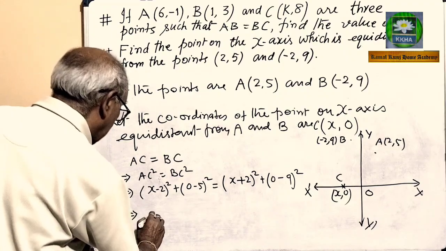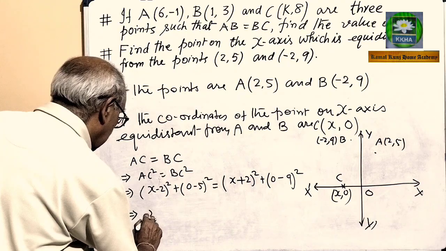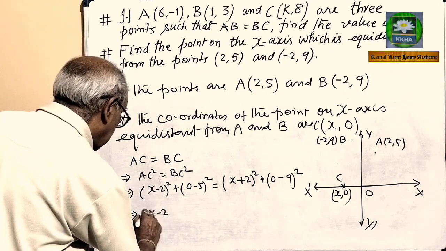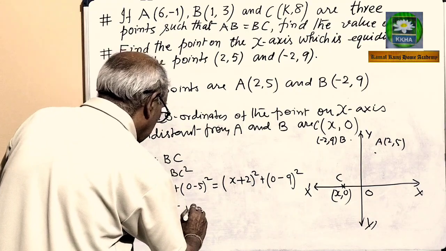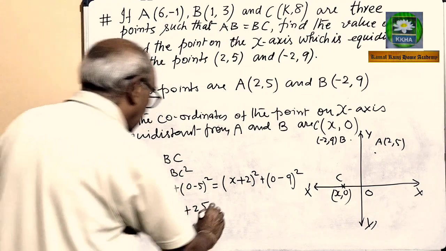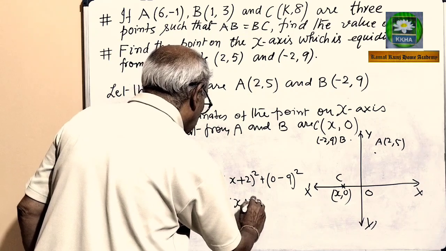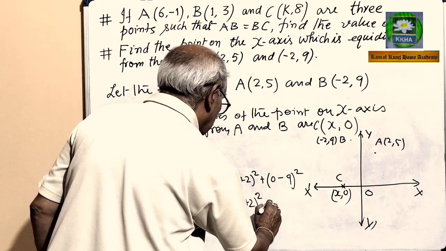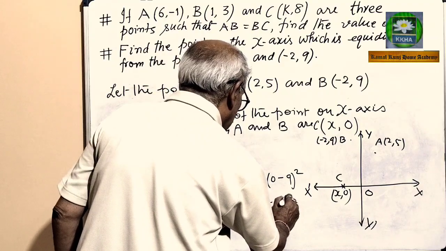That gives (x minus 2) whole square plus 25 equal to (x plus 2) whole square plus 81.